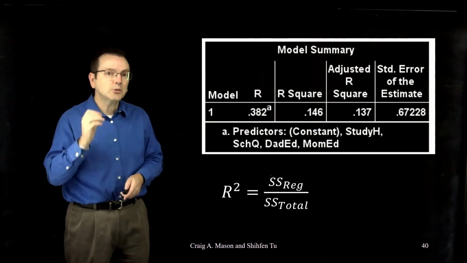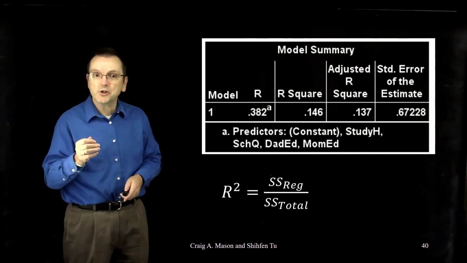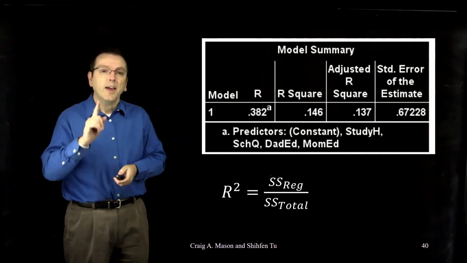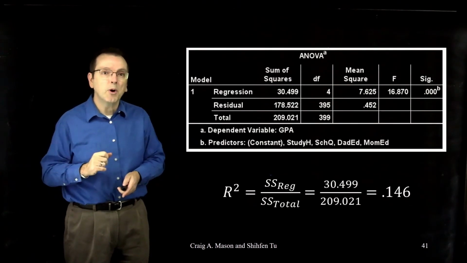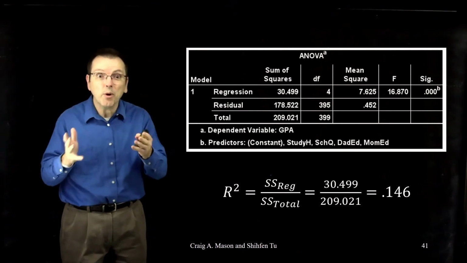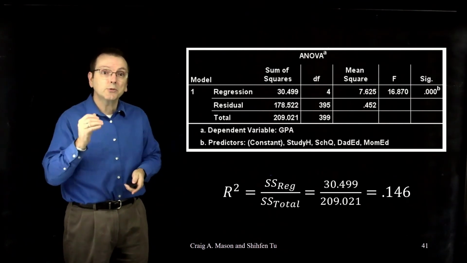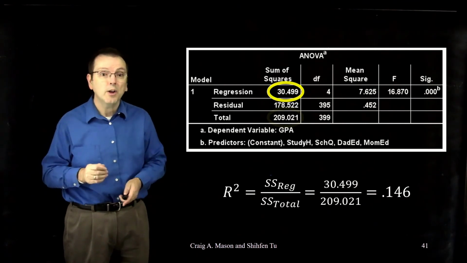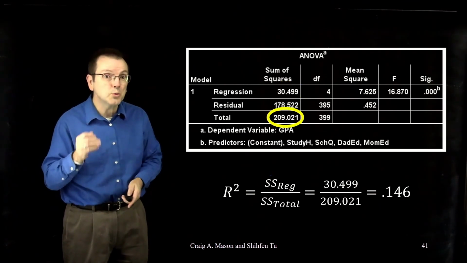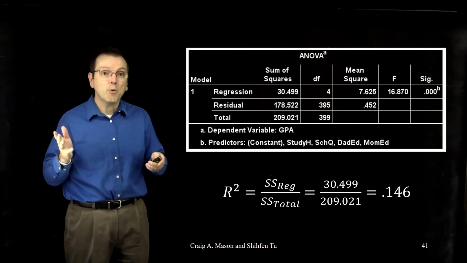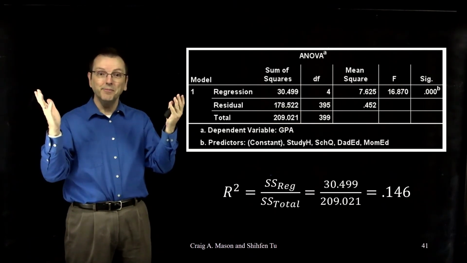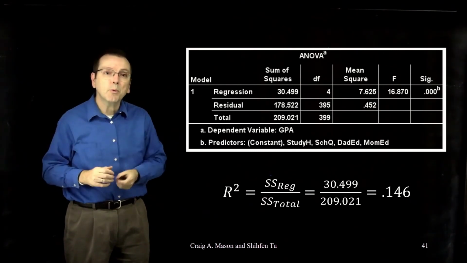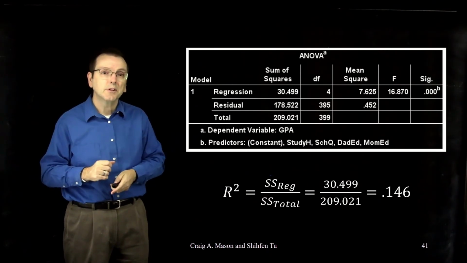Mathematically, remember that R squared is the sum of squares regression divided by the total sum of squares. And if we go back to the ANOVA table for a moment, we can see that's exactly what we find: the sum of squares regression of 30.499 divided by the sum of squares total, which is 209.021, equals 0.146. Cool, right? So R squared reflects the relationship between the partitioned sums of squares.